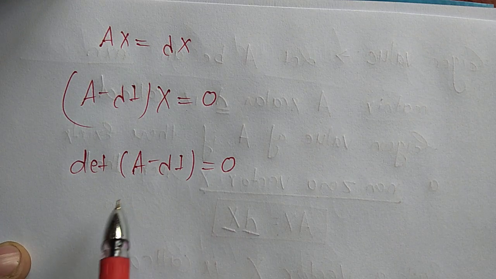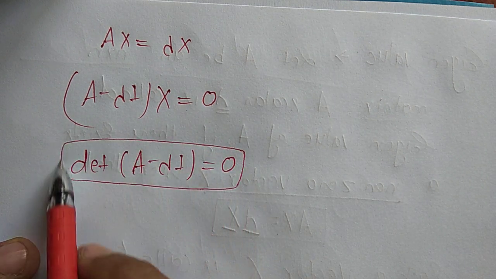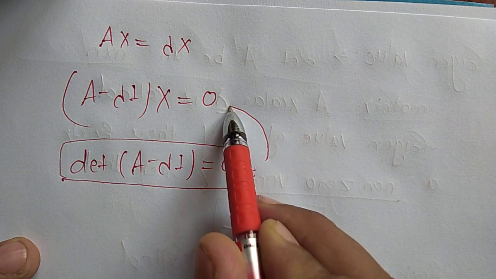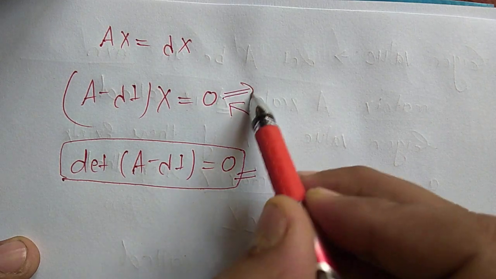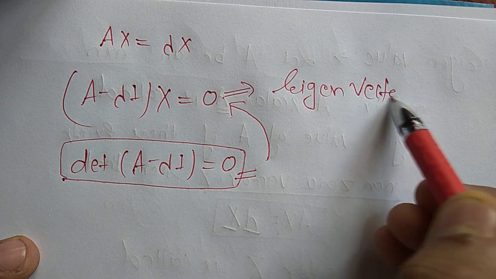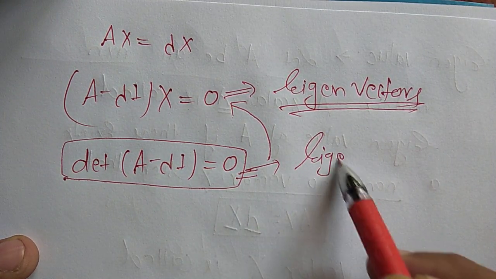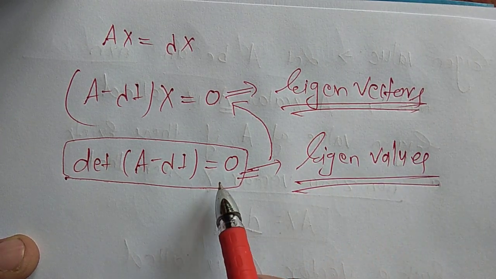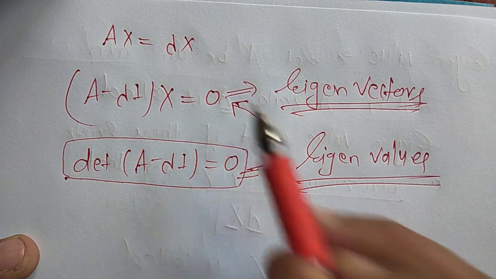From the characteristic equation, we'll get lambda. For the corresponding lambda, we'll have the non-zero solution of this system, so here we'll solve and get the eigenvectors. So first we find the eigenvalues, and for the corresponding lambda we find the eigenvectors.